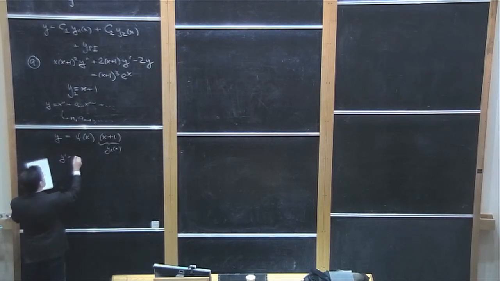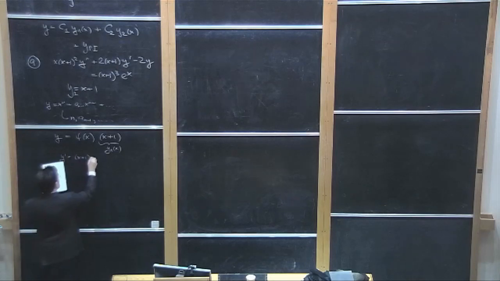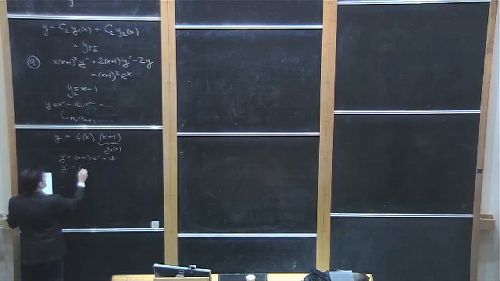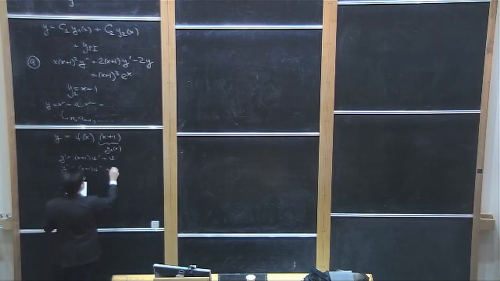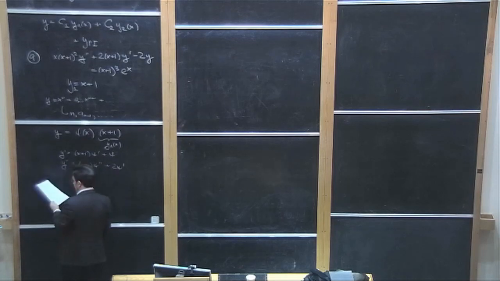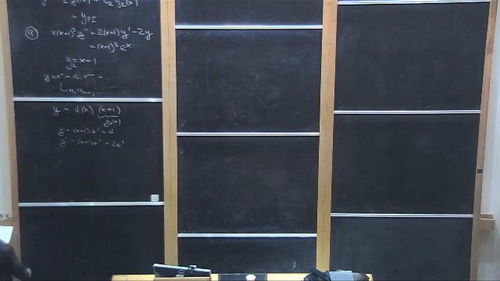Y prime is equal to x plus 1 times psi prime plus psi. Y double prime is equal to x plus 1 psi double prime plus twice psi prime. Right, now let's substitute all that up there.